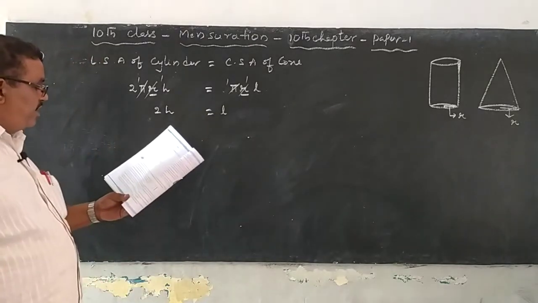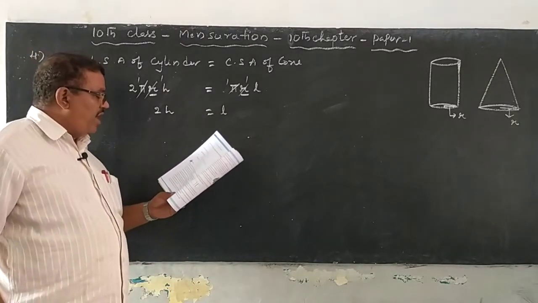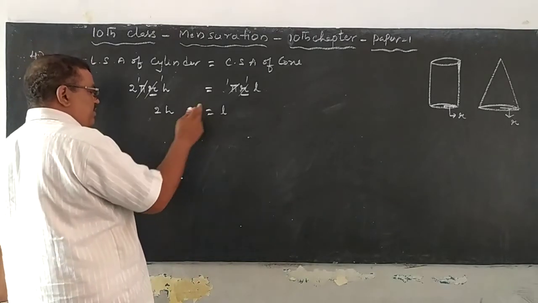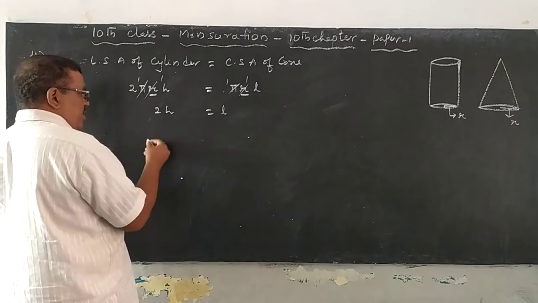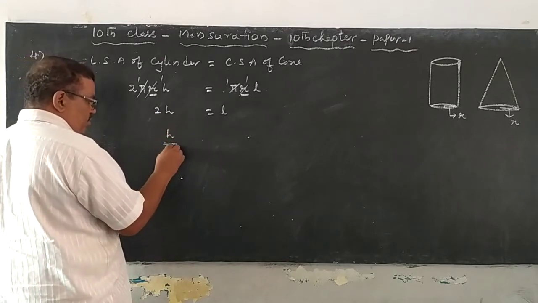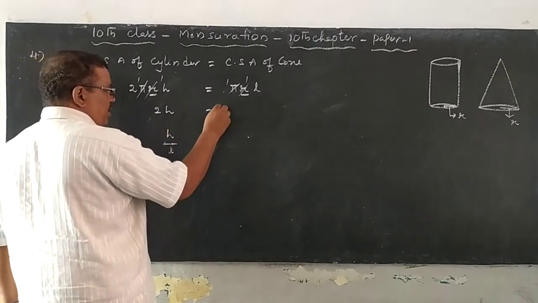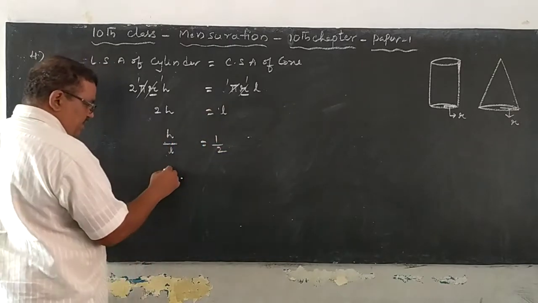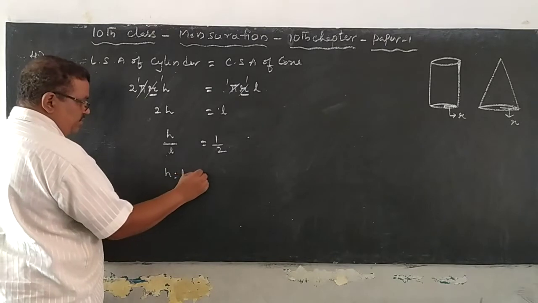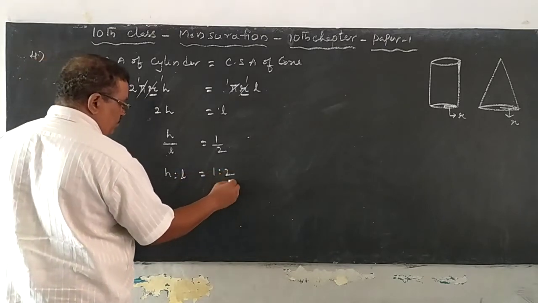What do we need to find here? The ratio of the height of the cylinder and the slant height of the cone. Transposing l to the left-hand side and 2 to the right-hand side, h by l is equal to 1 by 2, since the numerical coefficient is 1. H by l is nothing but h is to l equals 1 is to 2.